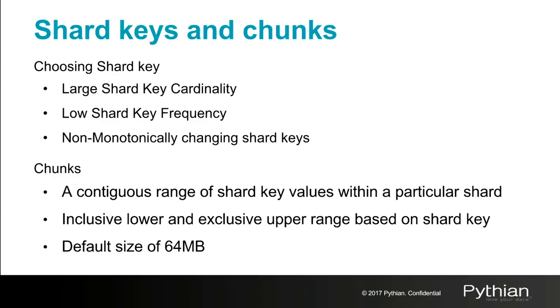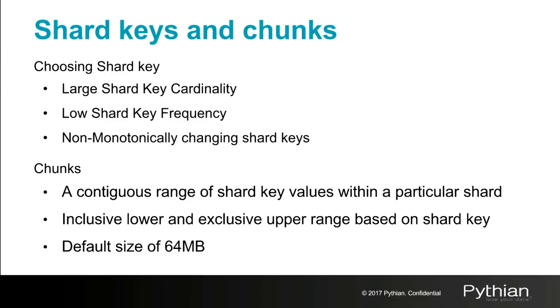So the cardinality of the key is important because if we have few unique values for our shard key, then we are limited in how many chunks we can have in our system. For example, if we have only 10 unique values for our shard key, then in our system there will be a maximum of 10 chunks.